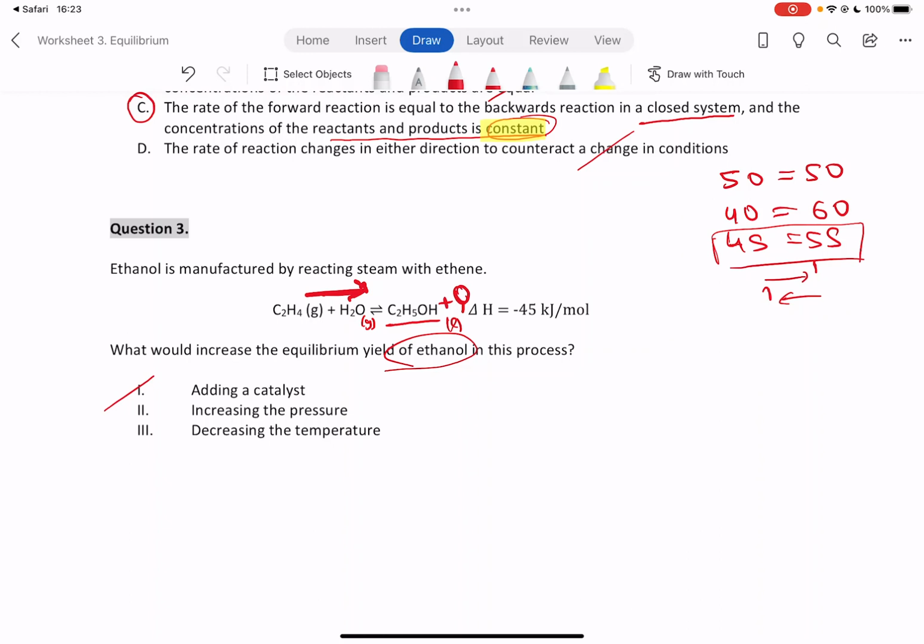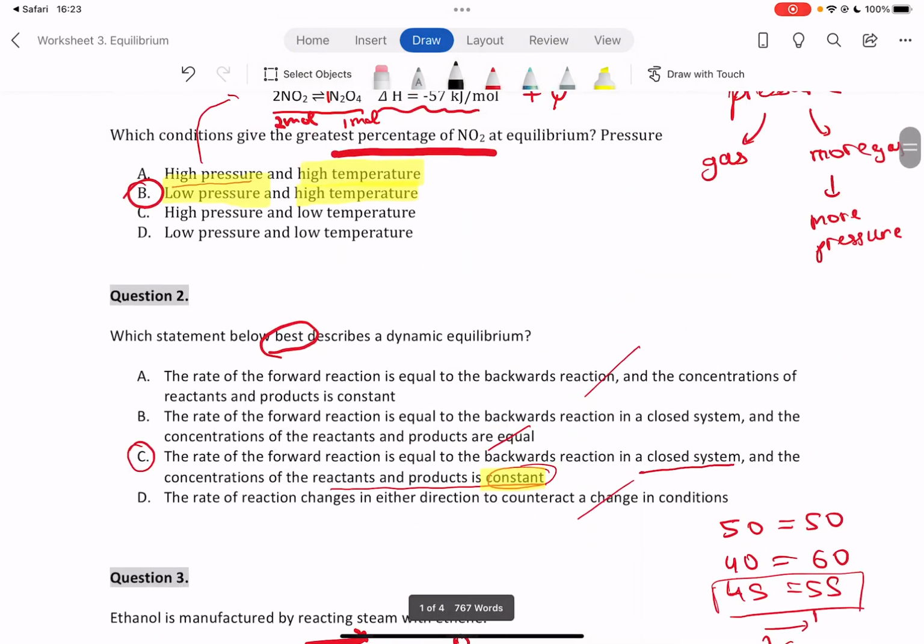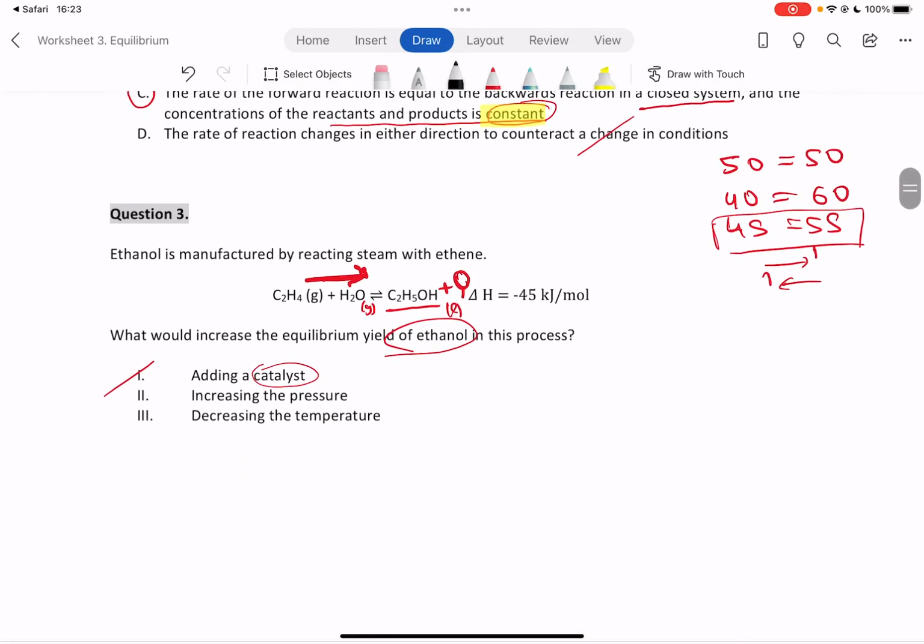Adding a catalyst. Do not forget that a catalyst does not change the equilibrium position. Now the second thing is the pressure. As I have discussed previously, for the pressure we take a look at 2 things: the gas particles and the number of gas particles. So we have 1 mole, 2 moles here, and on the right side we have liquid particles.